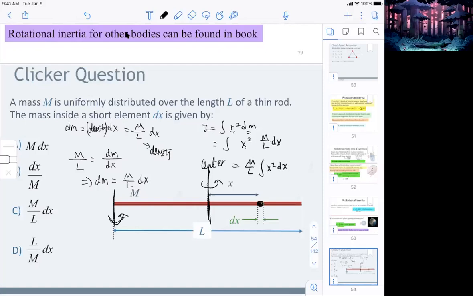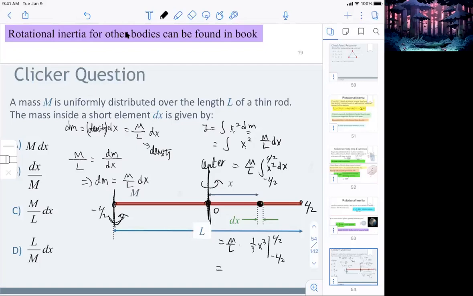This integration, the limit is from where? From negative L over 2 to L over 2 if this is 0 from the center, right? So this becomes m over L times the integral of x squared, which is 1/3 x cubed, from negative L over 2 to L over 2.